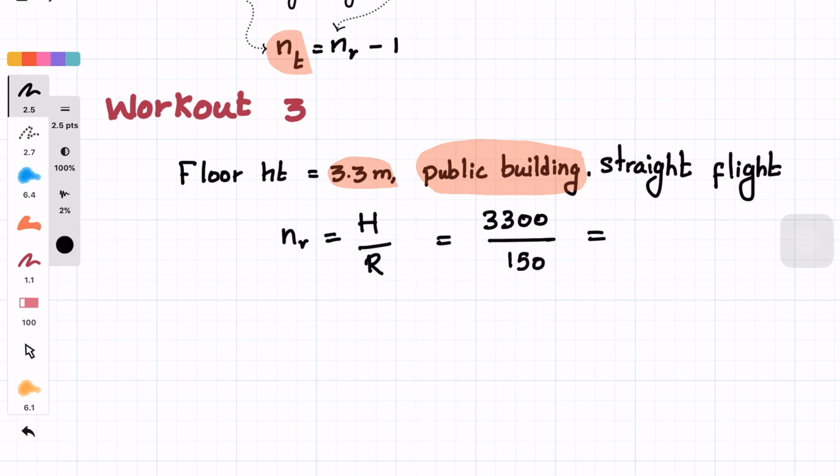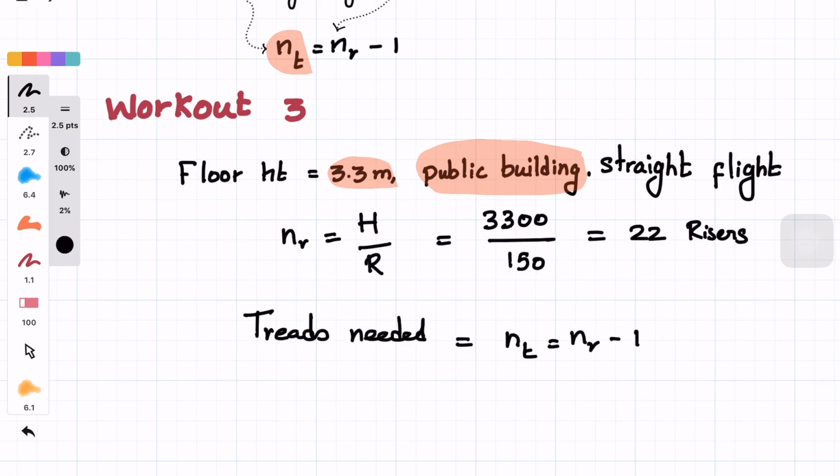That's why we are taking 150 here, which gives us 22 risers. So the number of treads needed, NT equals NR minus 1, which is 22 minus 1, which is equal to 21 treads.